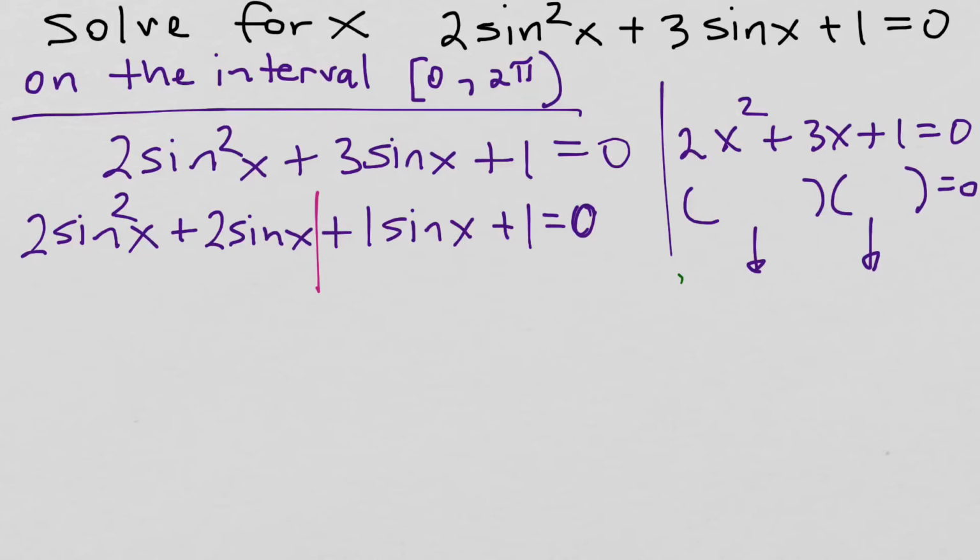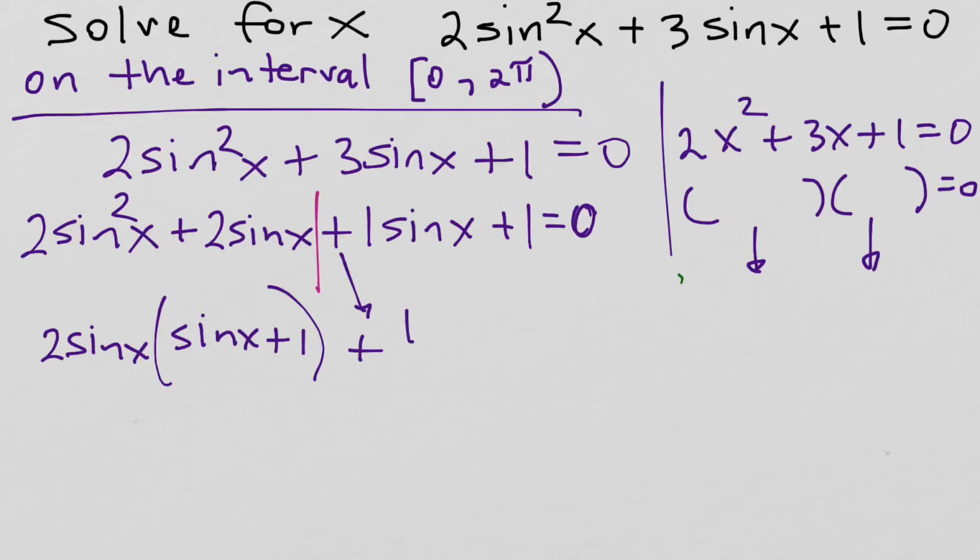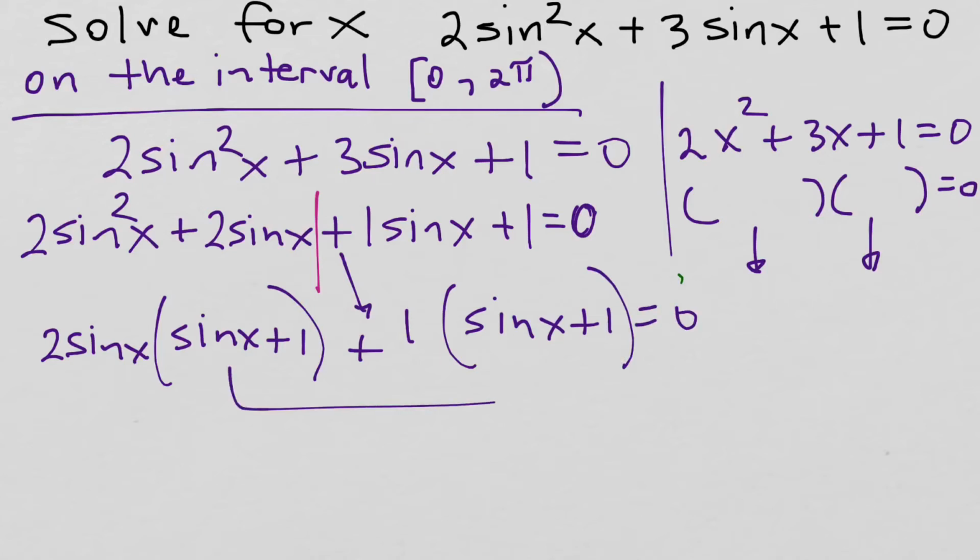So that would be 2 sine of x plus 1. All right, so then bring this plus down. So I have a GCF of 1 out of the next two terms. Right, this should be the same as this if you factored correctly.